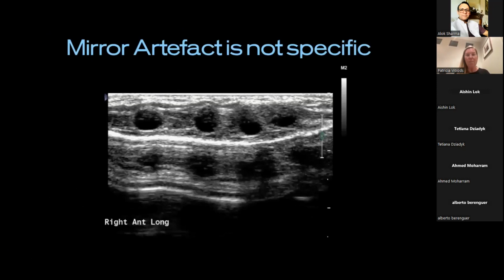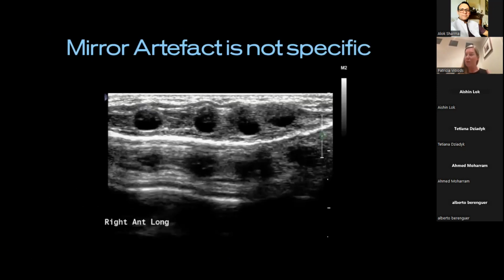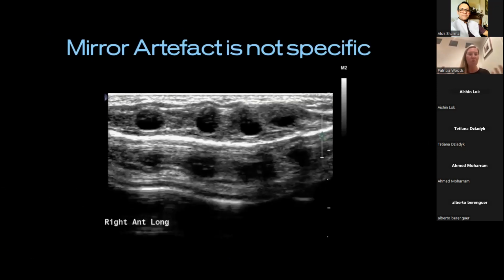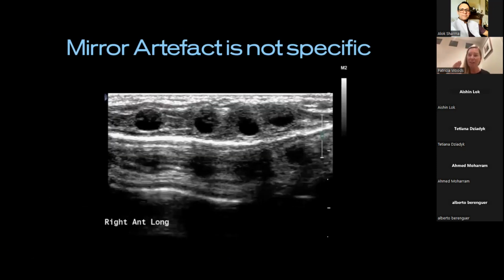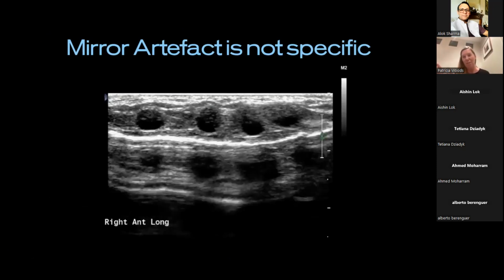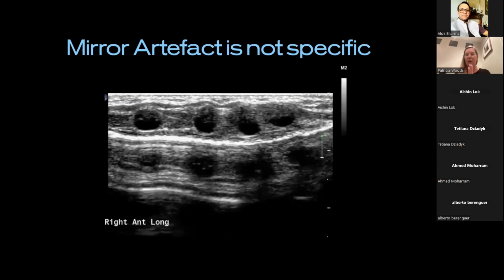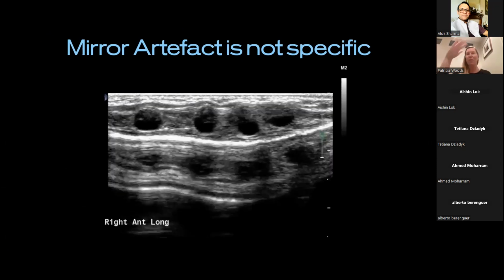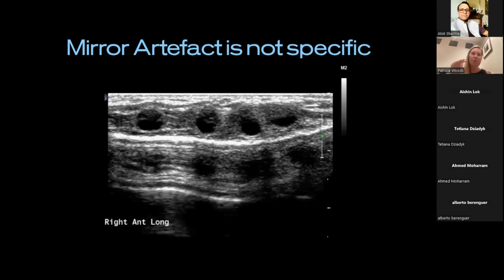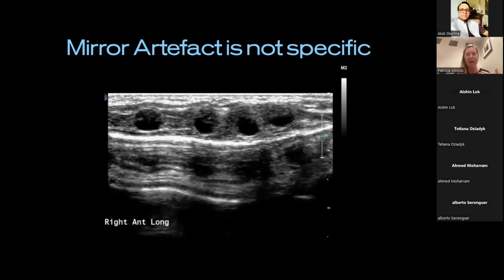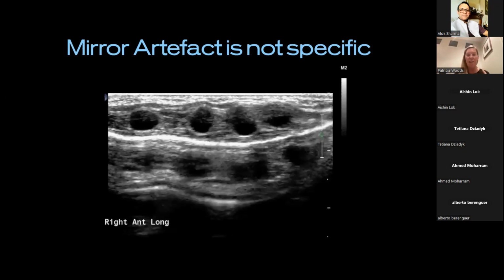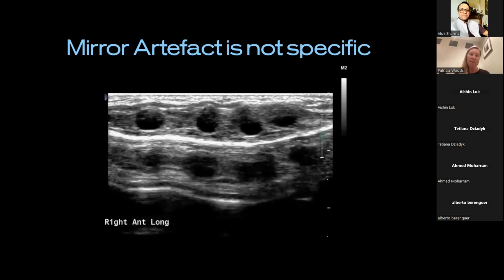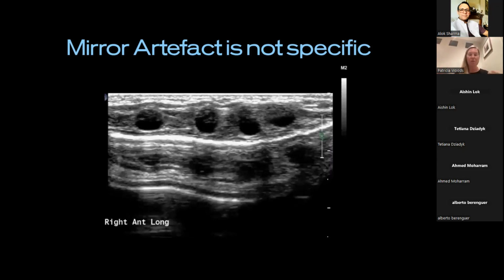So also remember, please, that mirror artifact is not specific. Many of you will use cardiac ultrasound and you'll know almost any strong barrier can act like a strong reflector, and you'll get your mirror artifact, particularly using color when you're looking at the aorta or coming off the capsule of the liver, anything like that. So it's pretty sensitive, but it's not specific for air leak. So this example here, you've got the chest wall, you're in a longitudinal plane.